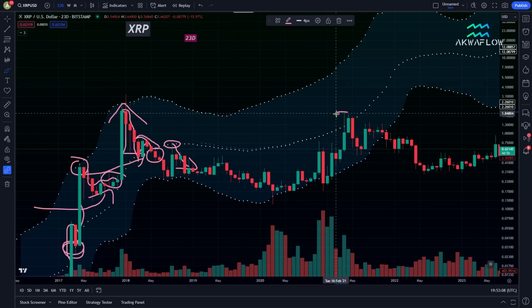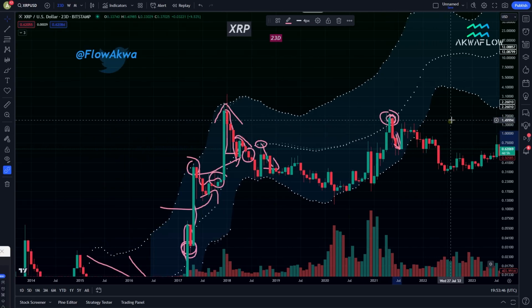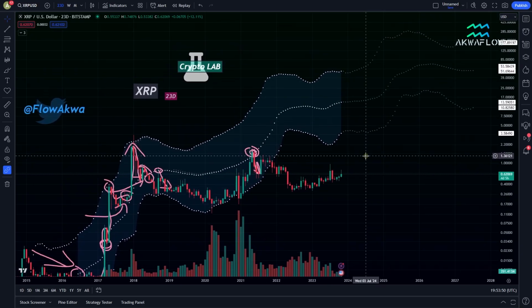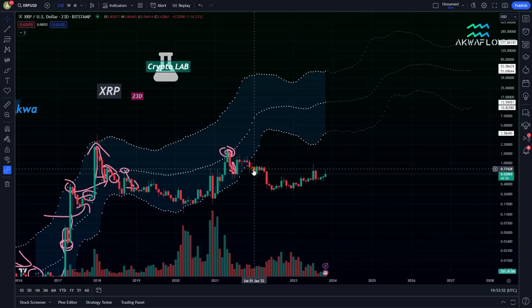Then our top, just right here, despite the close above the middle line, we couldn't hold this level to keep a candle closing above the middle line, so it was still a resistance and we got rejected from it. One time with this candle and the big wick, and another time with this candle, despite the close, we got rejected.